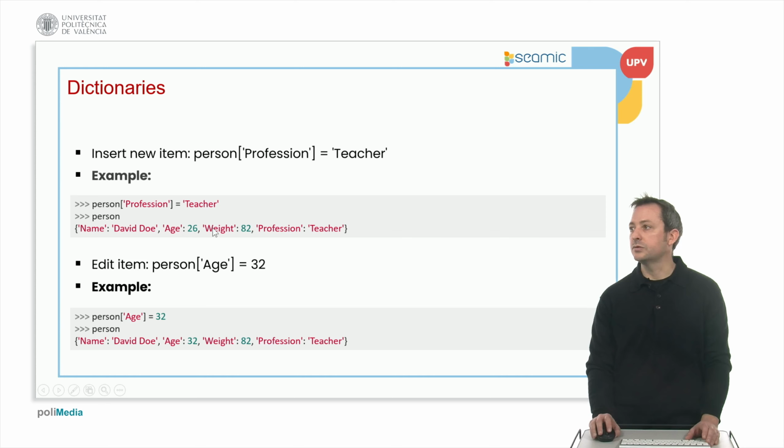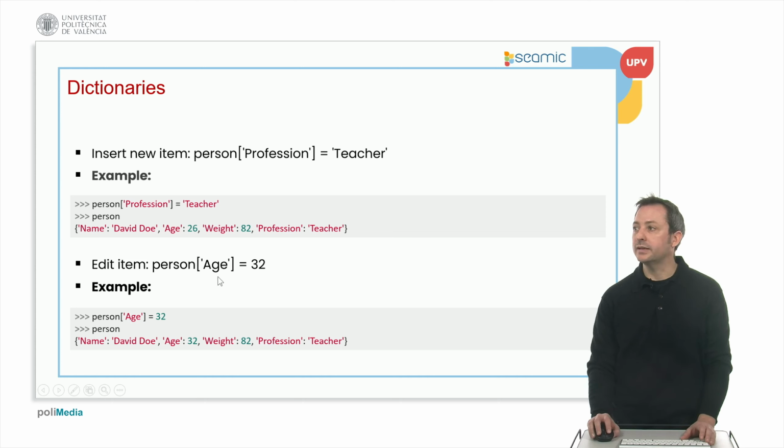This causes a new element to be added into the dictionary whose key is profession and whose value is teacher. But take into account that this operation works differently depending on whether or not this key exists in the dictionary. In this case, since profession doesn't exist in the dictionary, this causes the addition of a new element.